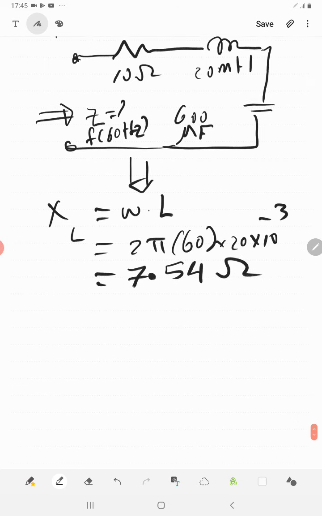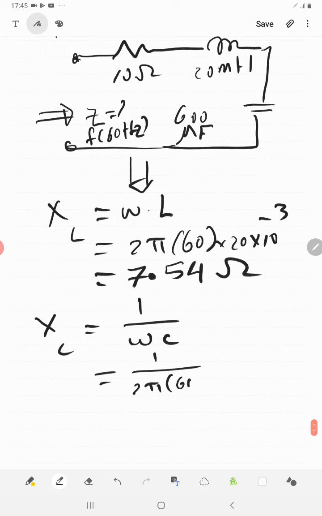Then we also have to find XC, which is 1 over omega C. So it will be 1 over 2 pi times 60 times C, which is 600 times 10 to the minus 6, because it is microfarad.